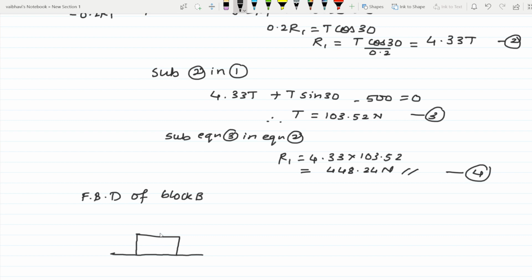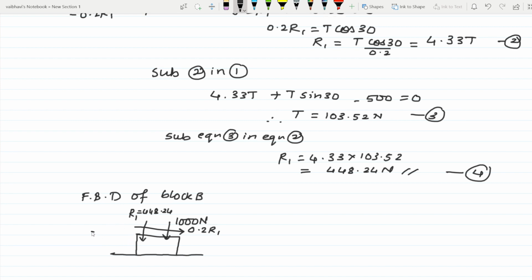This is block B. Its self weight is 1000 Newton and there will be R1 because of the top block A. R1 we have already found as 448.24, and there will be friction between block A and block B, that is 0.2 R1.